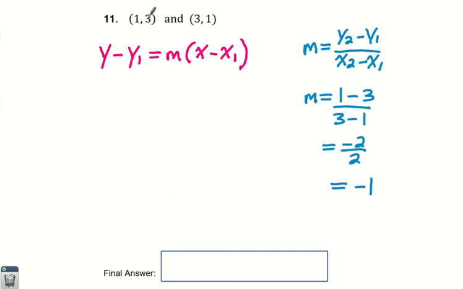So let's just use that point. We already named this y1, so that makes a lot of sense, right? So there's my y1, bam. I had to work a little bit for my dinner here. I had to work for my slope, but it was -1 now goes in for m. Nothing goes in for x, just like nothing went in here for this y. And my x1 is 1.